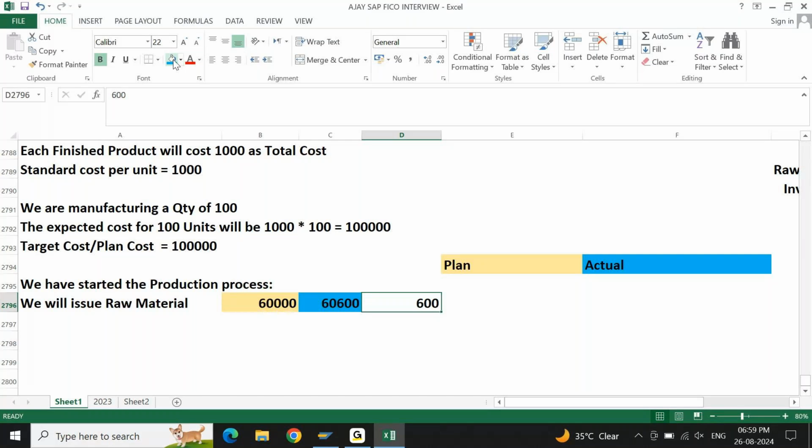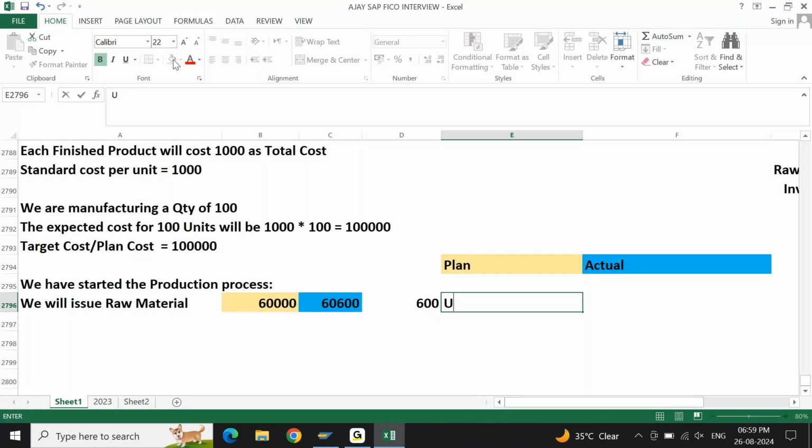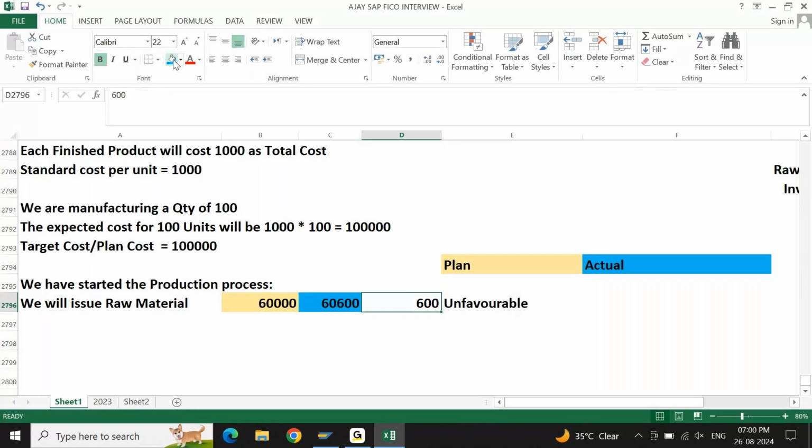Additional cost means, is it favorable or unfavorable? Unfavorable. This is your unfavorable. Unfavorable means positive or negative? Negative. Negative means it is supposed to be plus 600 or minus 600?